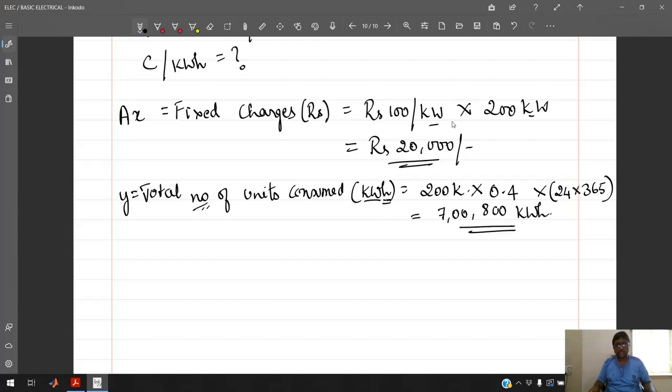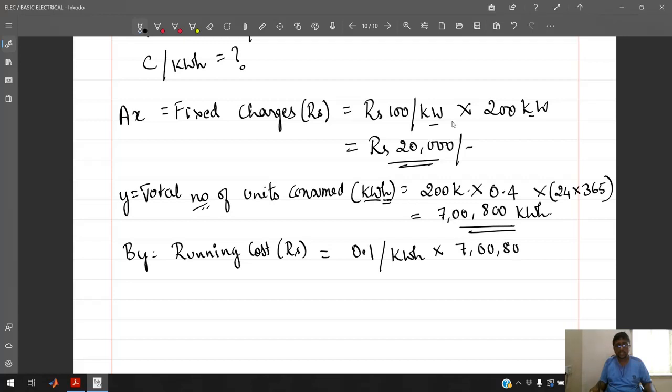Now BY is the running cost, again in rupees. B is already given, 0.1 rupees per kilowatt hour, into 7 lakh 800 kilowatt hour. If you multiply this, you get roughly rupees 70,800. That is your running cost.